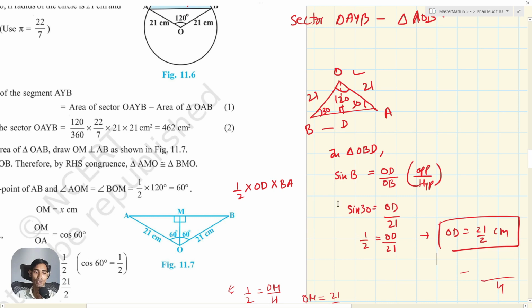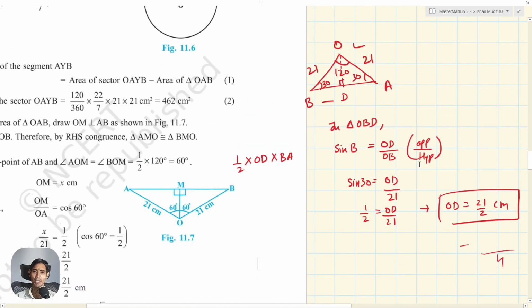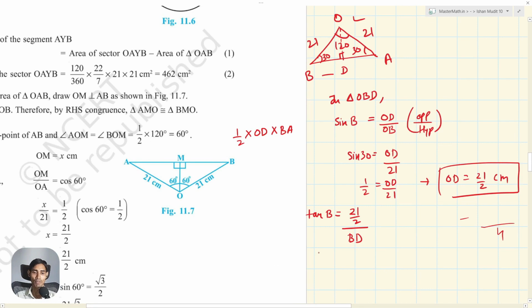And if that is done, using tan we can get the BD length, because tan is always better to use. So tan 30 is OD divided by BD, which is 1 by root 3 equals 21 by 2 over BD.